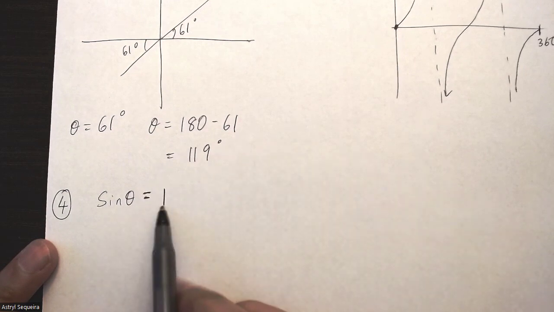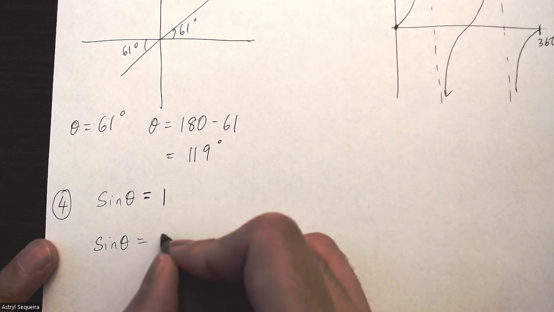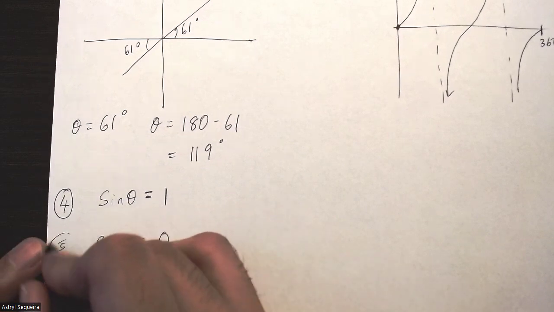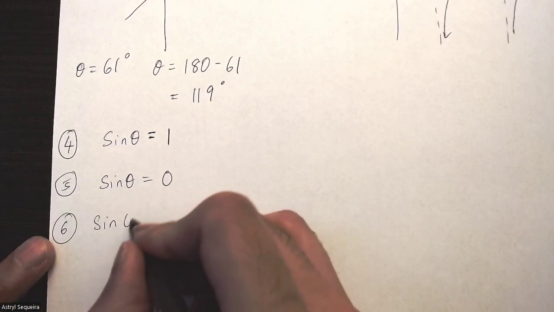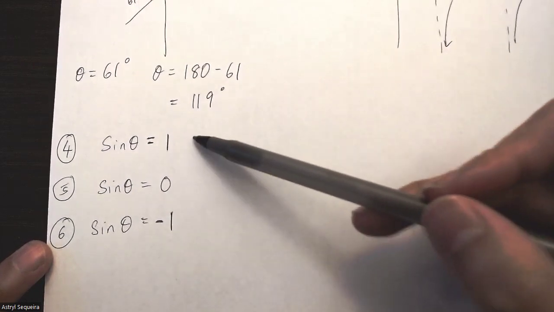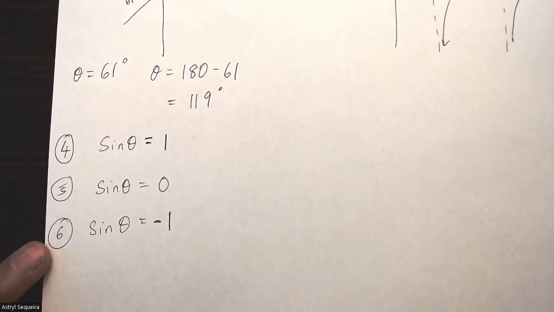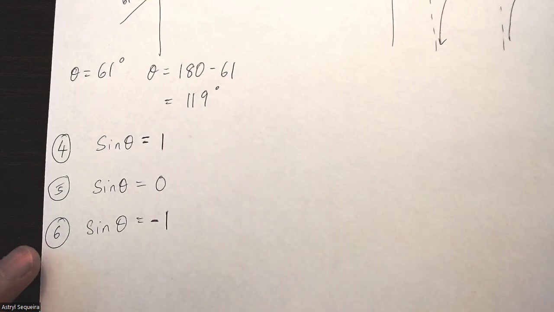Now, sine theta equals 1, sine theta equals 0, which is the fifth one, and the sixth one is sine theta equals -1. These three will never work using the cast rule. If you try the cast rule for these, you will not get the complete solutions, and I'm going to explain these through the graphs we have.